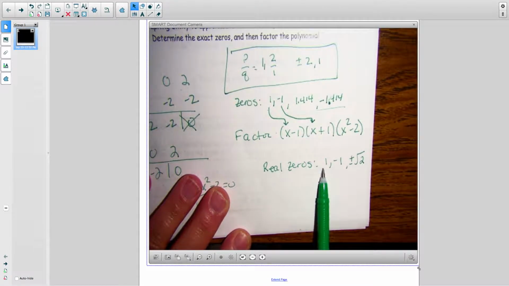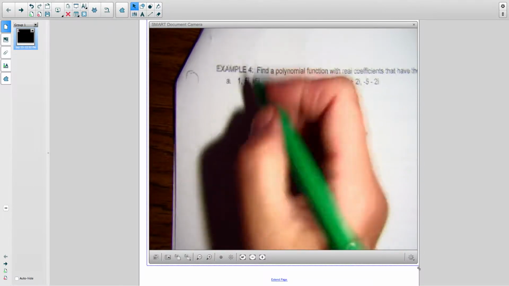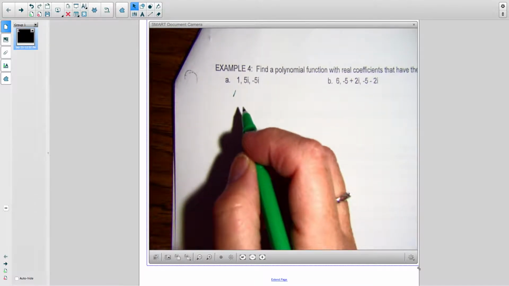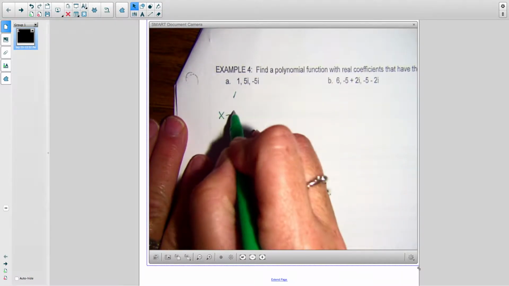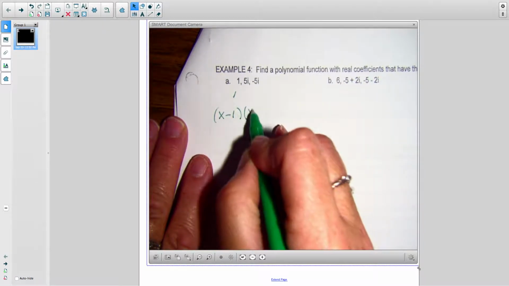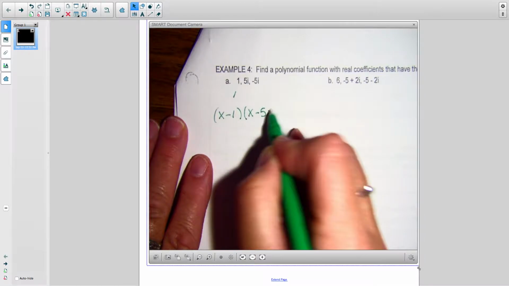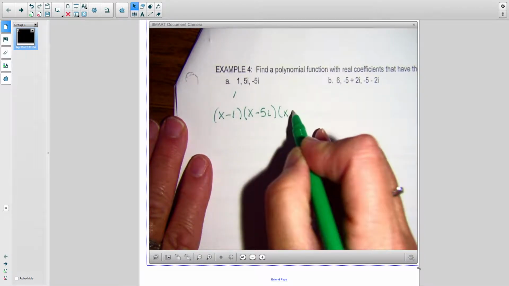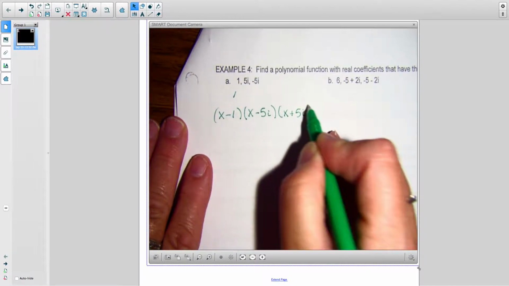So first thing is, if I know zeros, I can write factors. So work our way backwards. If 1 is a zero, what's the factor for 1? X minus 1. So then that means this is going to be x minus 5i and x plus 5i.